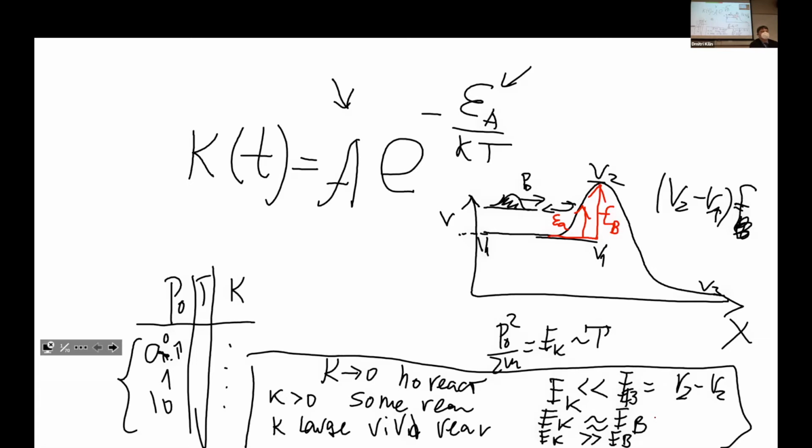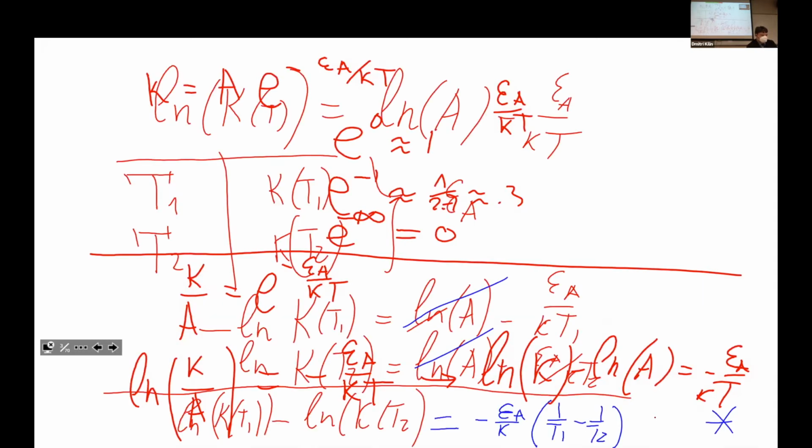So if you obtain this result, it will be of really important scientific value. Activation energy by Arrhenius should be smaller than the height of a barrier. A few slides forward.